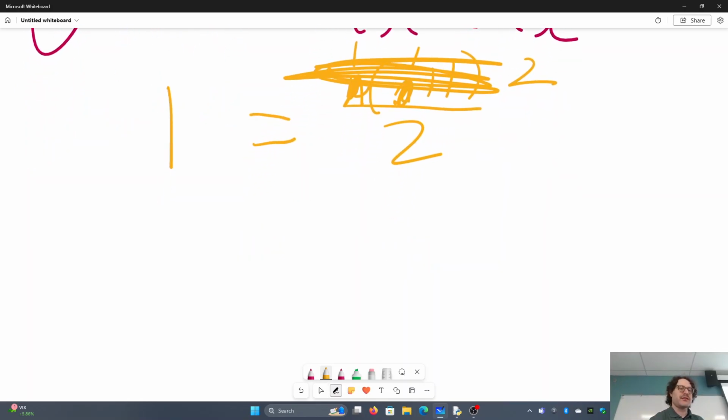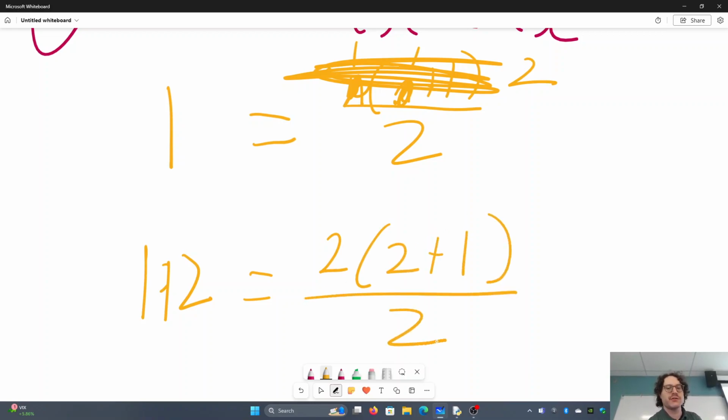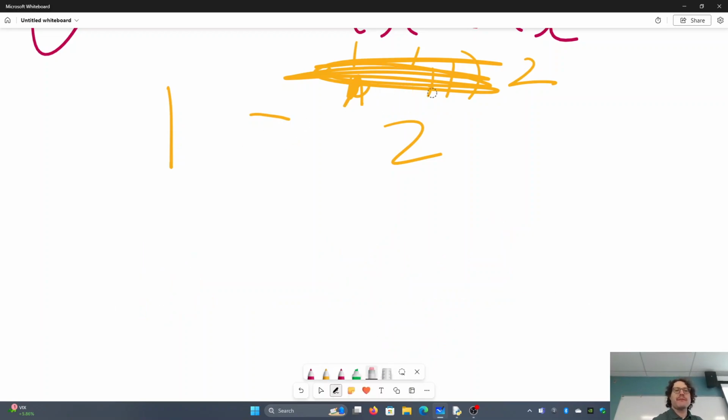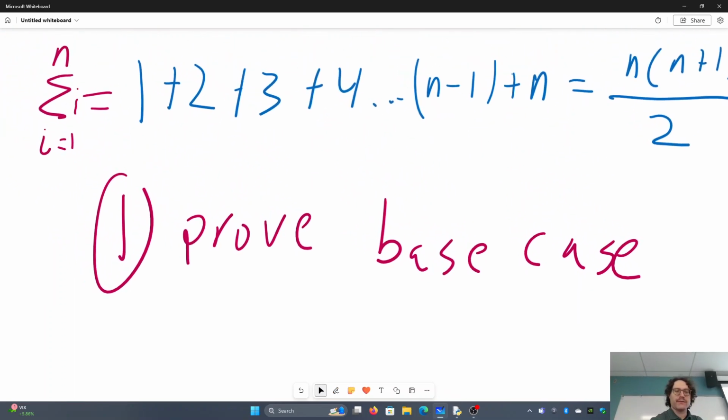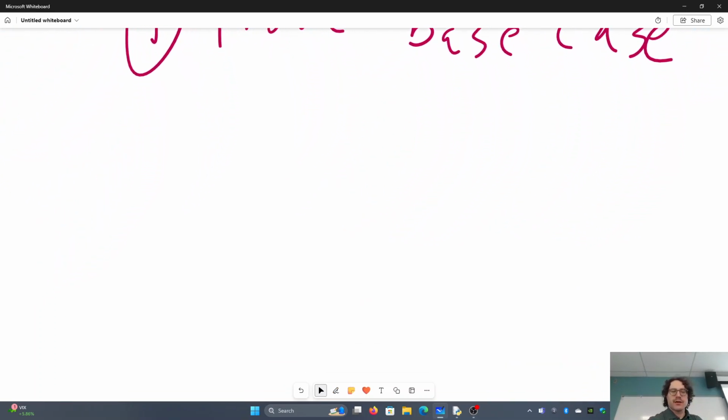And just to give you clarification, we don't have to manually prove it for the second case, which is 1 plus 2 is equal to 2 times 2 plus 1 over 2. These cancel out, so we're left with 2 plus 1 is equal to 1 plus 2. It's 3 on both sides. But we've proven that the base case works, that this series holds true if the series starts at 1.